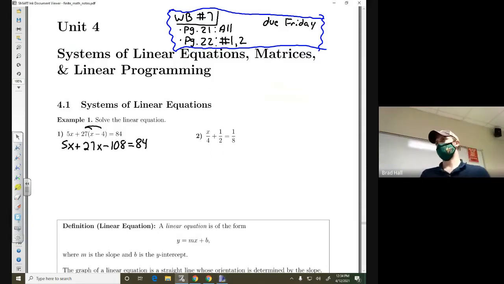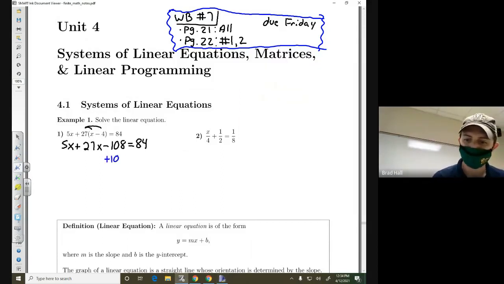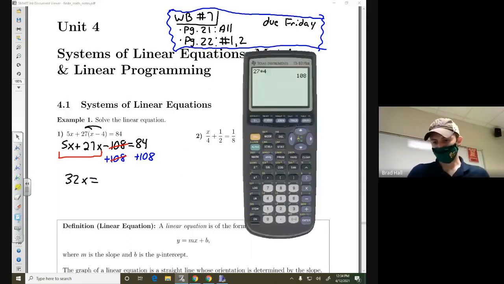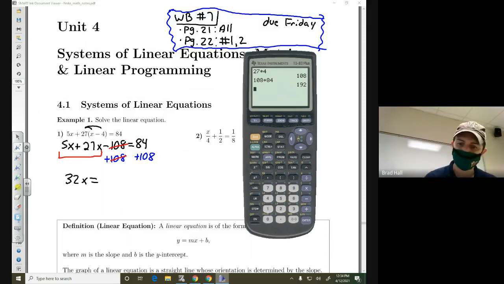And so from there, just bring together like terms. There's a few of them. Add 108 on both sides. We can also go ahead and combine the 5x and the 27x. 2x is equal to, what I'm guessing is 192. Let's find out. 192.